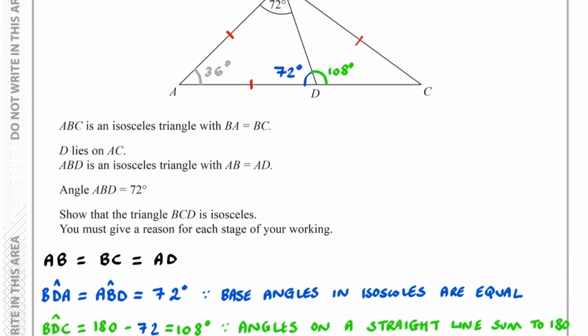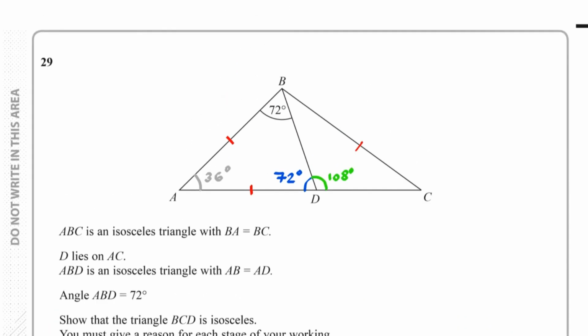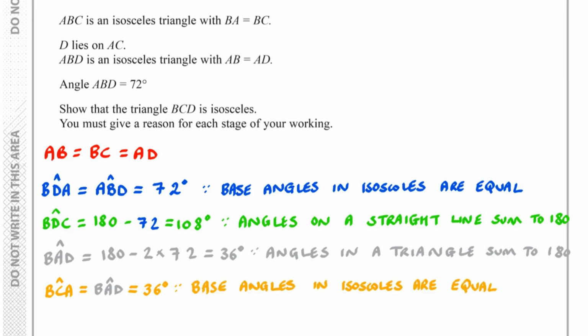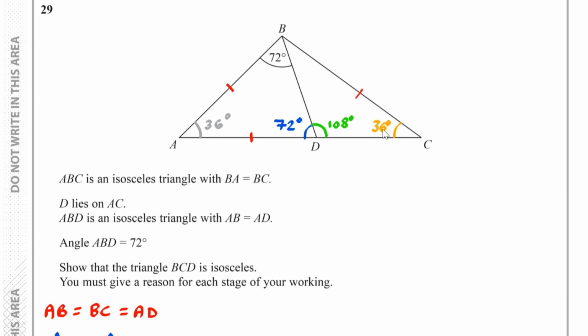Now let's just adapt this. Let's change the colour there. Now we can instantly spot then that this angle here will also equal 36 degrees, so the angle BCA is equal to the angle BAD, which is also 36 degrees, and the reason for that is because base angles in an isosceles are equal, as we see here.